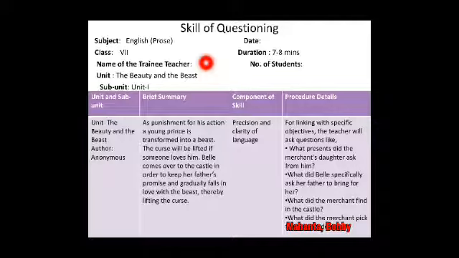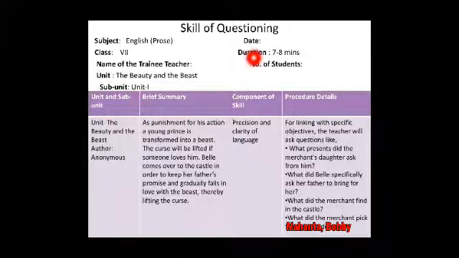Clear? So here you mention whichever skill you are intending to take. As of now, the skill of questioning is in focus. On one side you mention the subject, the class, the name of the trainee. Then the unit you have and the subunit. Clear?